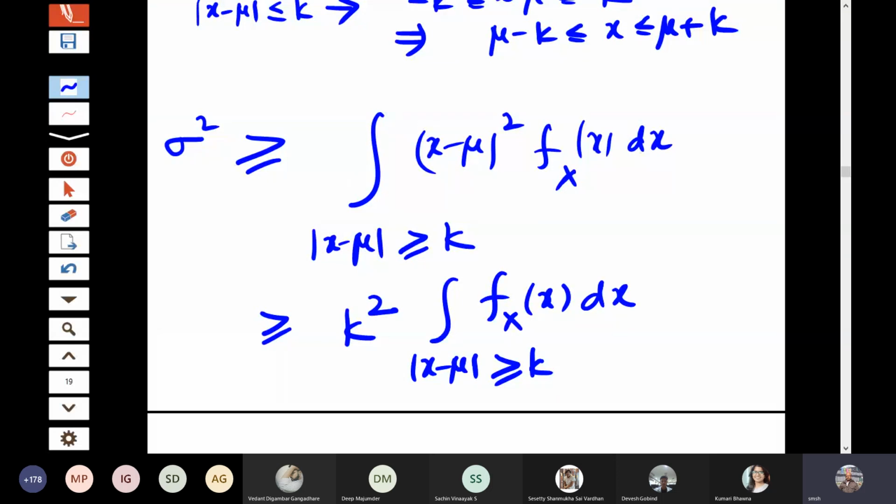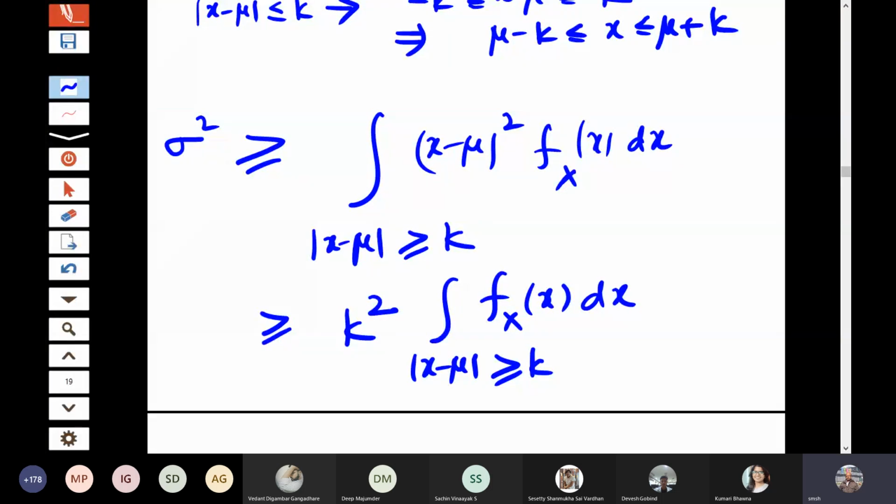But what is this term? It is nothing but the integral of the density over a set. In the continuous distribution, the integral of the density over a certain region is nothing but the probability of that region.